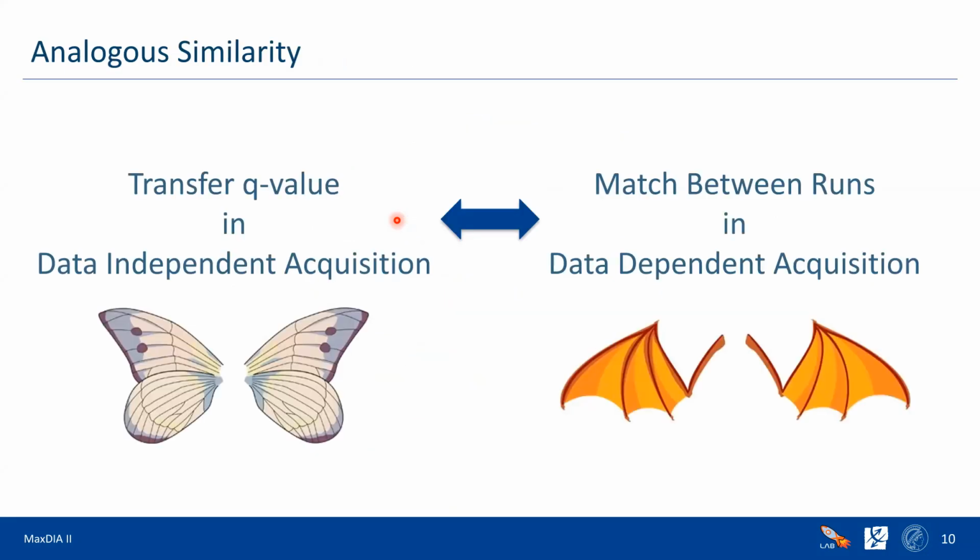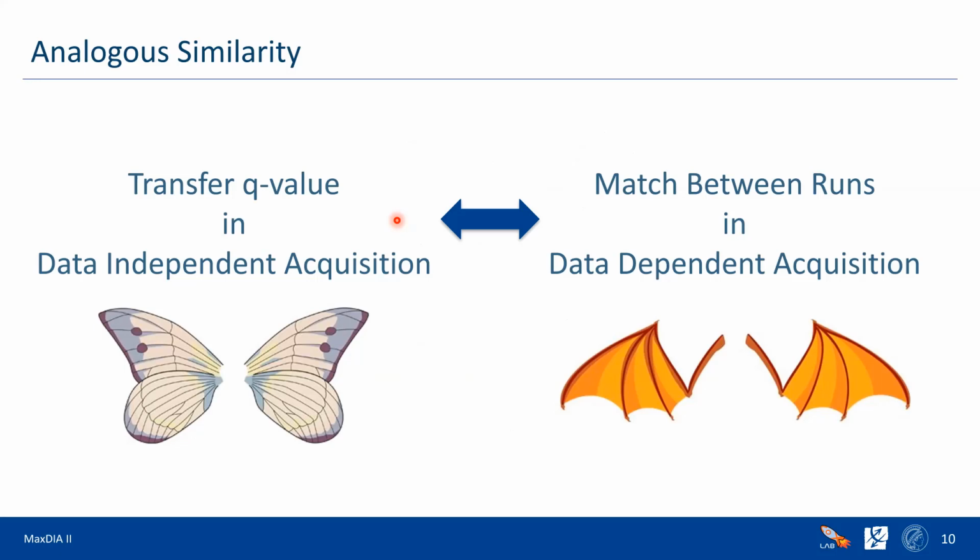But what I would like to really highlight is the analogous similarity between transfer Q-value in the data-independent acquisition world and match between runs in data-dependent acquisition. And why I say analogous is because it's like the wings of a butterfly and the wings of a bat.